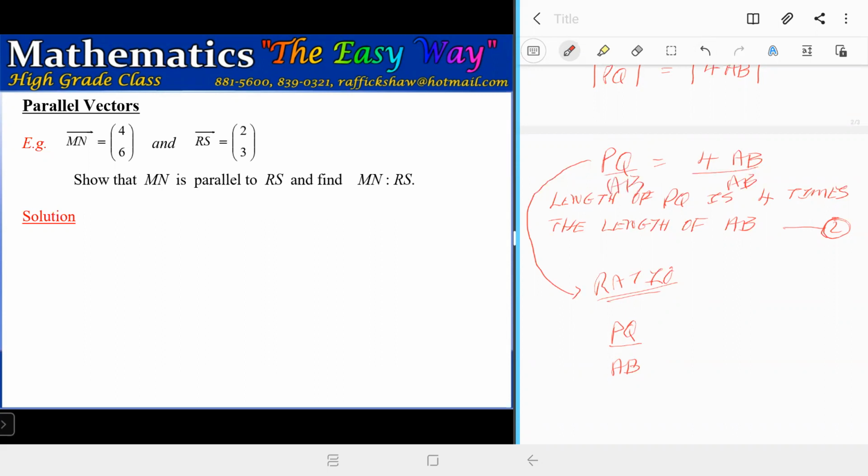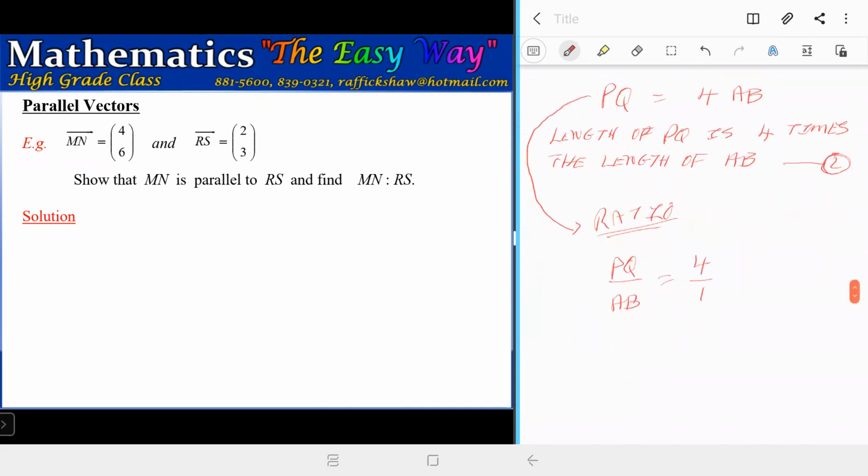Anyway you want to look at it. And PQ over AB would be equal to 4. And 4 is the same as 4 over 1. And therefore, as a ratio, PQ to AB would be 4 to 1. 4 to 1 if you express it as a ratio. All right, that is that.